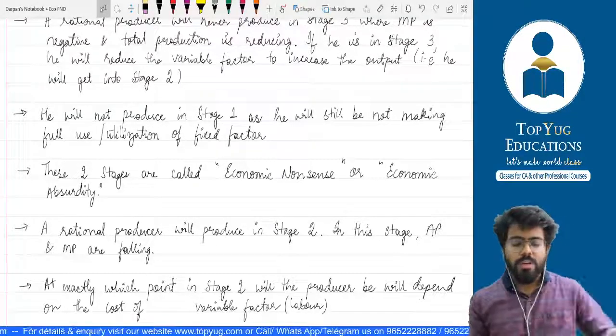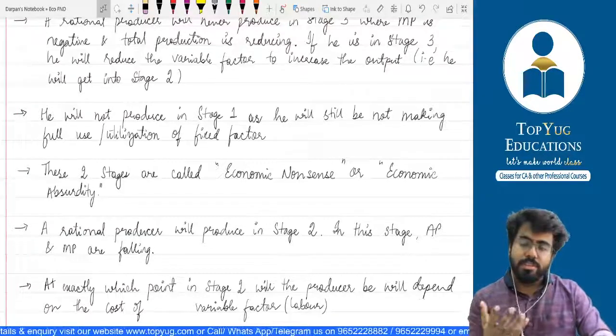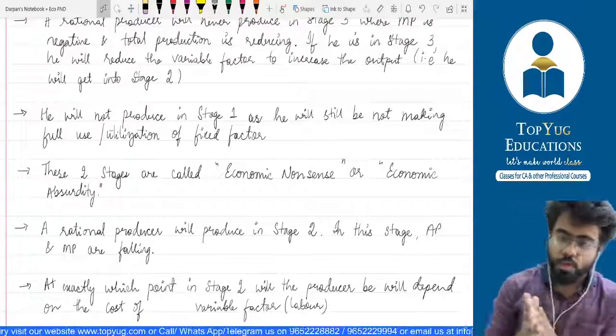Okay, so this will be your stage in which you will produce. This will be the stage in which a rational producer will produce. Your stage 2.